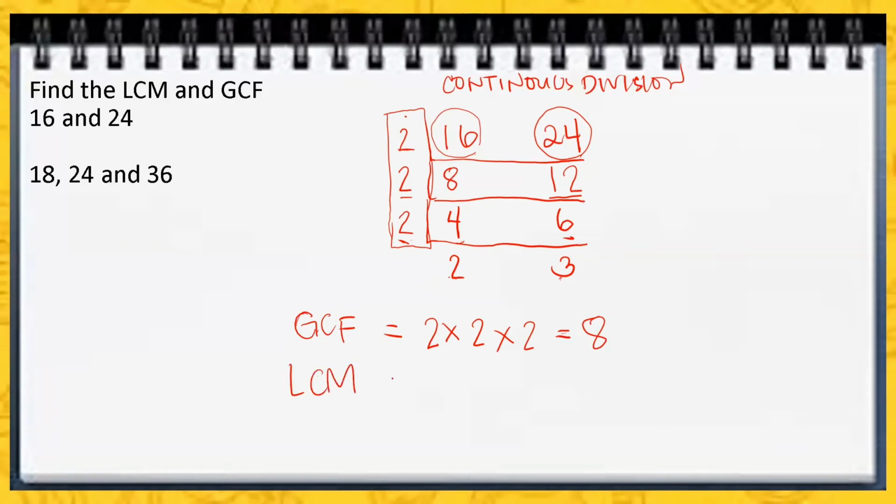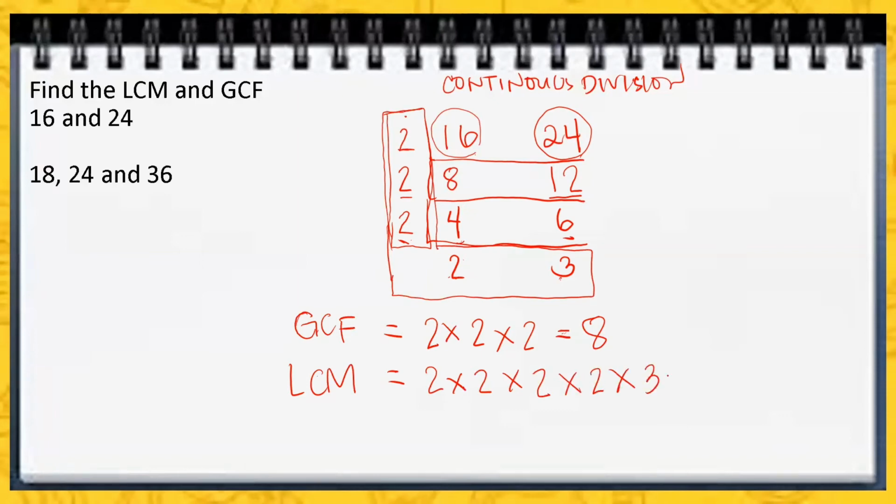So yung LCM natin is, i-multiply natin tong prime numbers natin on the left side, but this time we will include the numbers na nasa bottom. So ibig sabihin, 2 times 2 times 2, and this one also times 2 and times 3.